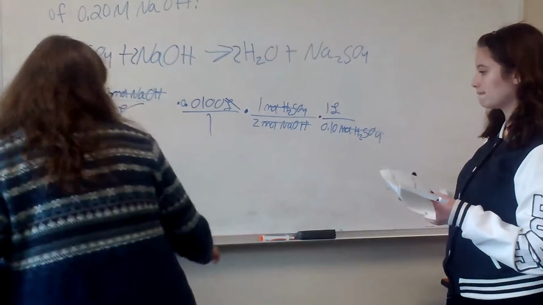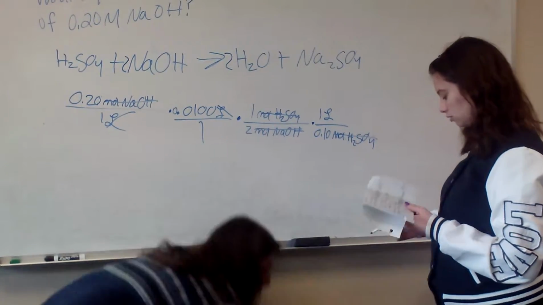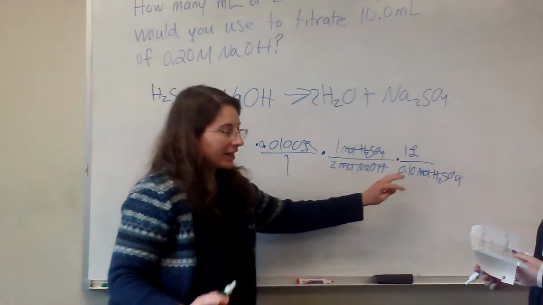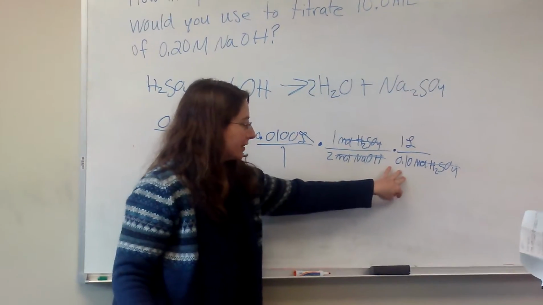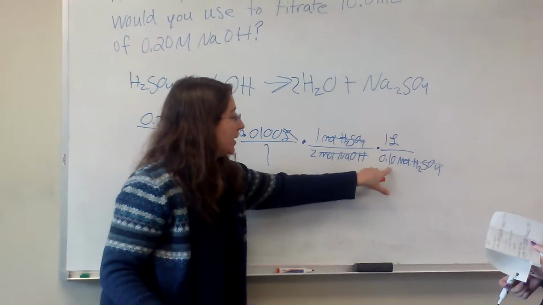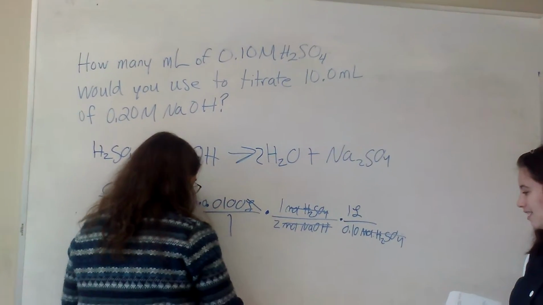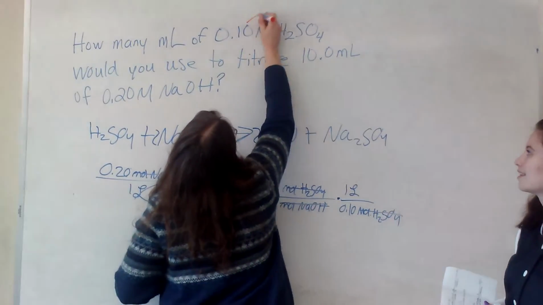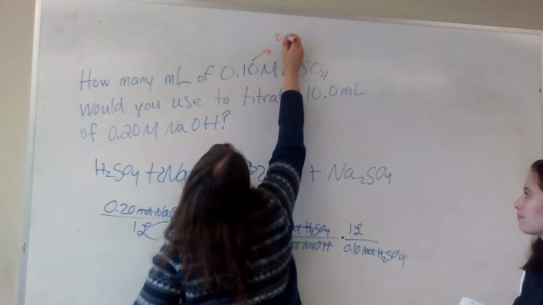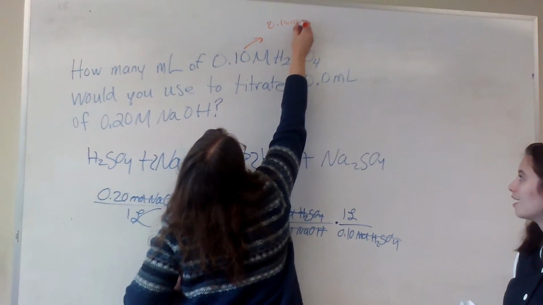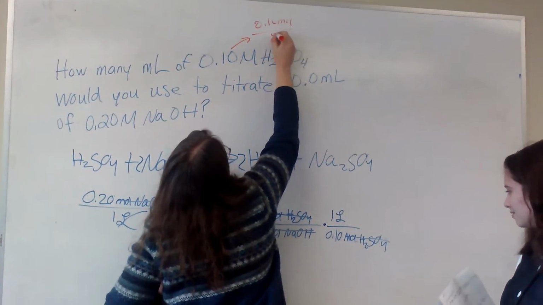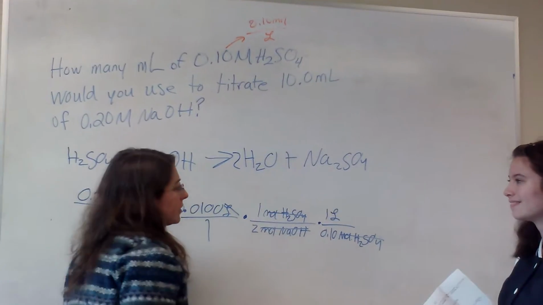Okay, so what she did, in case you missed it, this is the trick. This is something that trips people up every time. She took this concentration right here, which really means 0.10 moles per liter of the H2SO4.